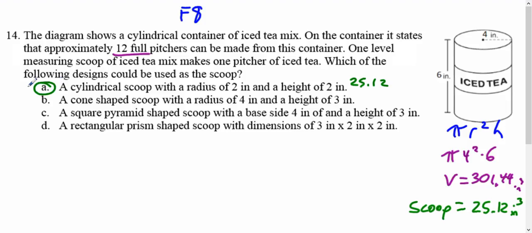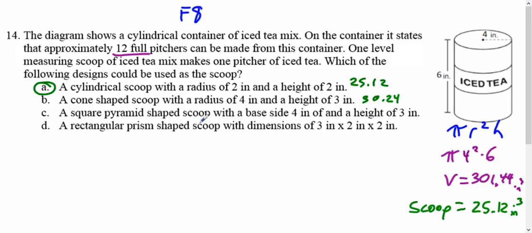A cone-shaped scoop, so that's same as the volume of a cylinder, just divided by 3. So it's pi r squared, 3.14, times 4 squared is 16, times the height is 3, and then it's a cone, so we divide by 3. That's 50.24. That's too big.